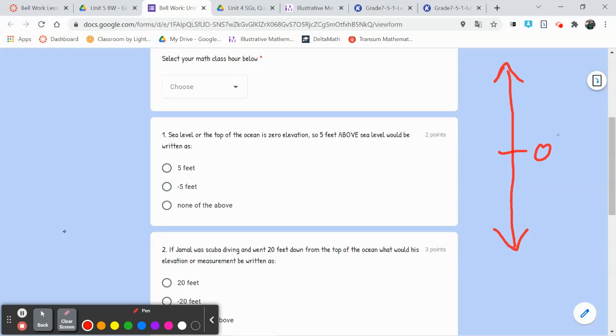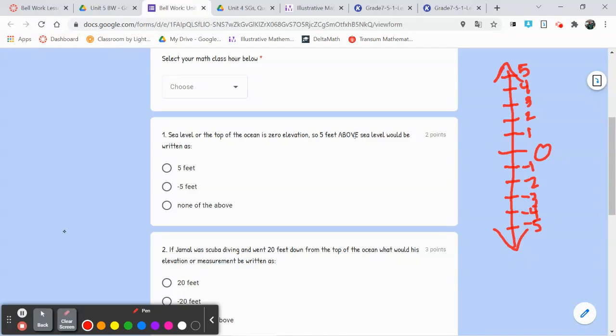There's 0, which is also sea level. Your positives go up. Your negatives go down. -1, -2, -3, -4, -5.